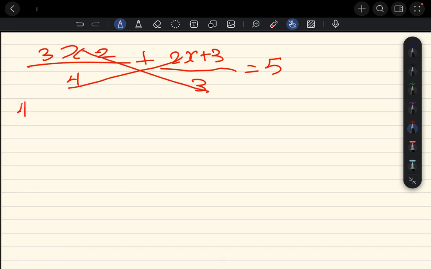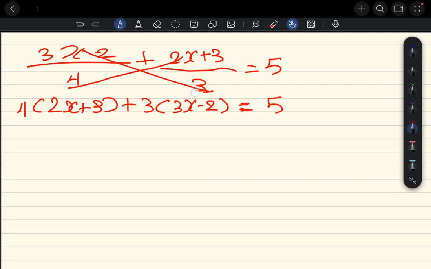So it's gonna be 4 bracket 2x plus 3 plus 3 bracket 3x minus 2, yeah, like that, equal 5 multiplied by both denominators, which will be 5 multiplied by 4 multiplied by 3.